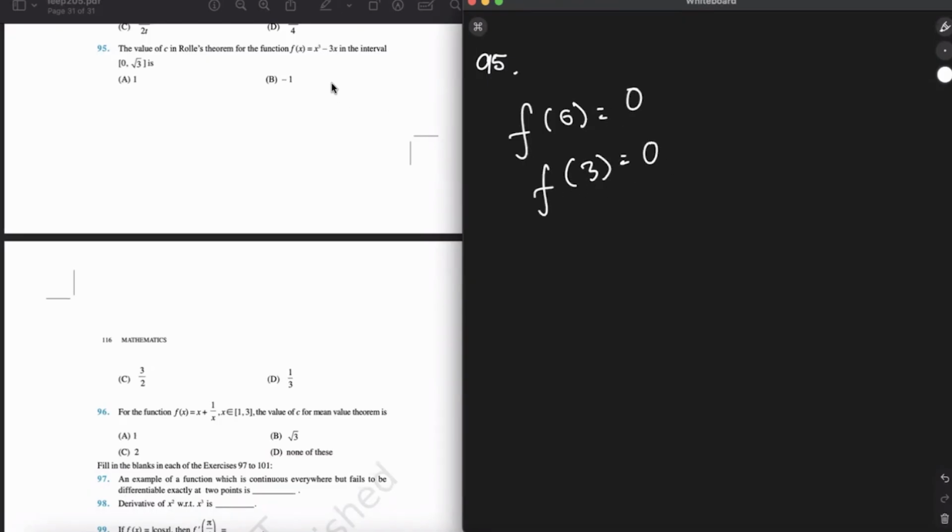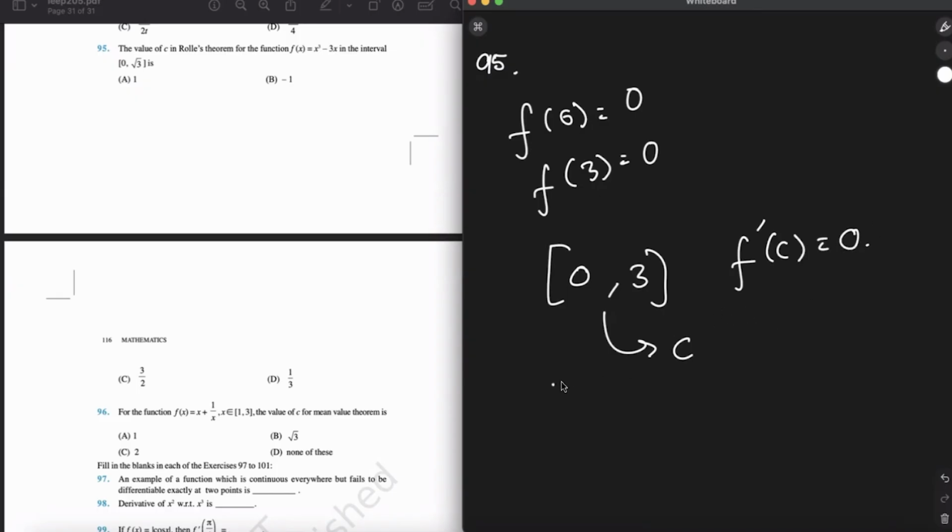So it is clear to us. There is at least one value c between 0 and root 3 where f dash c will be equal to 0. This is Rolle's theorem simply put.